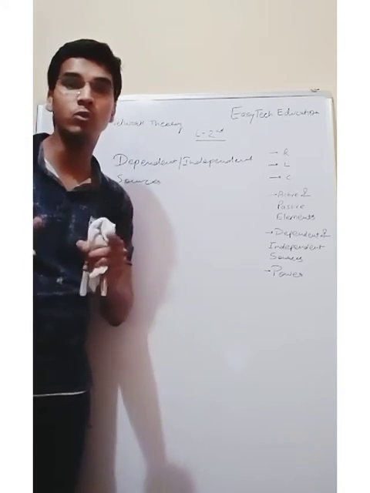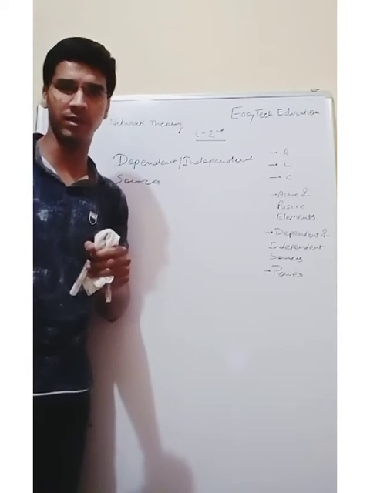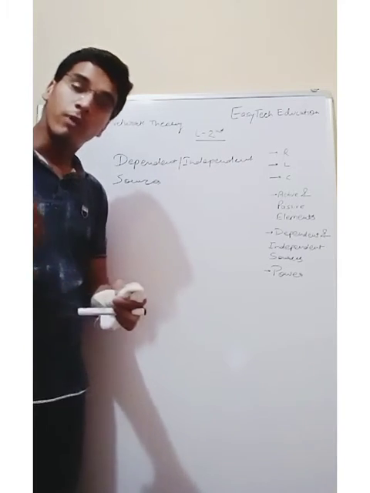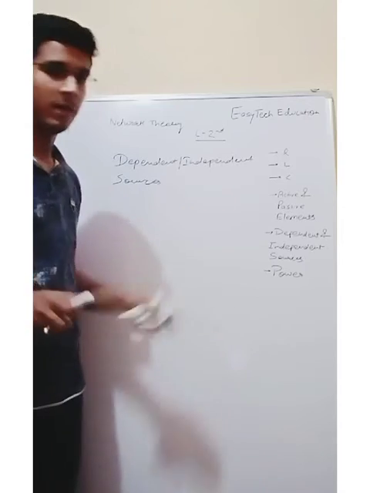Dependent sources are those sources whose values are always dependent on some other quantity in the circuit given. And independent sources are those whose values do not depend on any other value; they are independent.